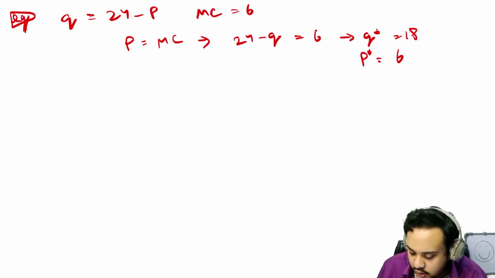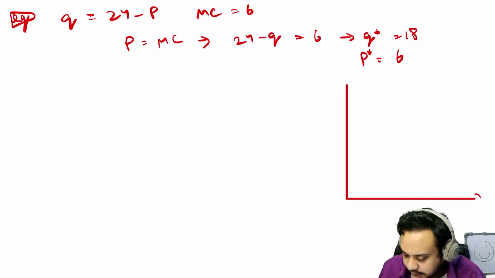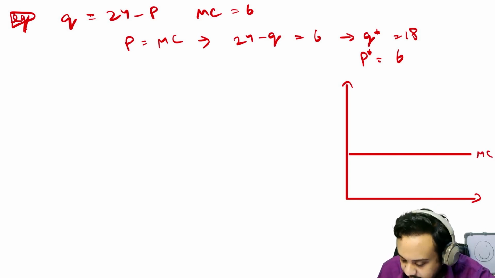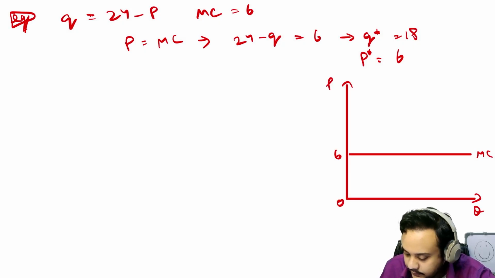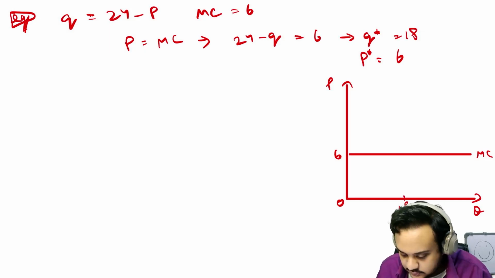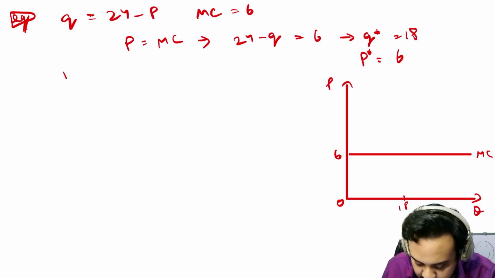You can draw a graph for more clarity, with a constant MC. The MC is already given in the question itself, which is at 6. This is P, this is Q, and the equilibrium quantity is at 18. We can also quickly take 0.